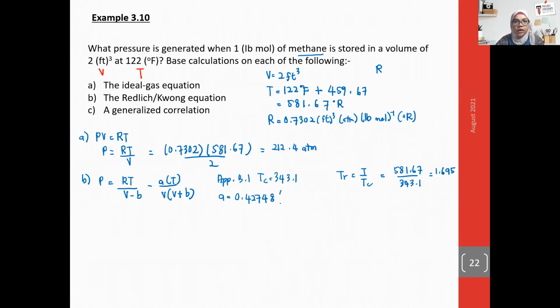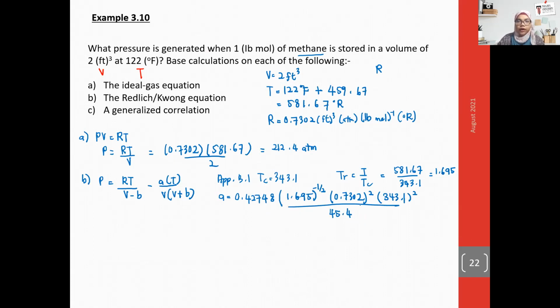So TR to the power of minus 1/2, and then we have R here, 0.7302 squared, and we have the TC, 343.1. You may refer back to it later, okay? I just give the solution.